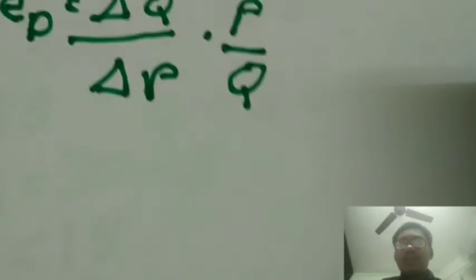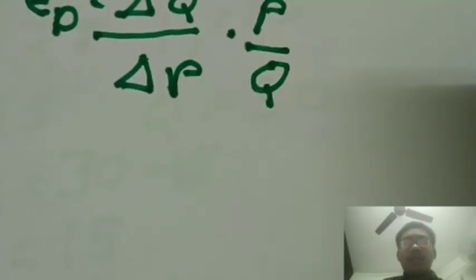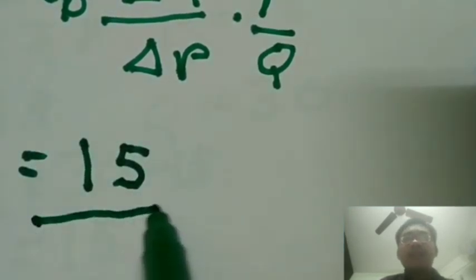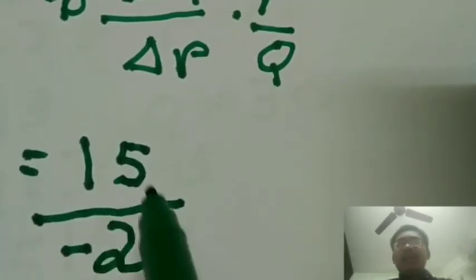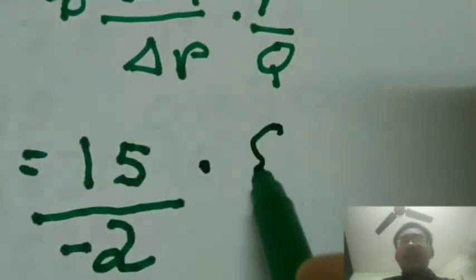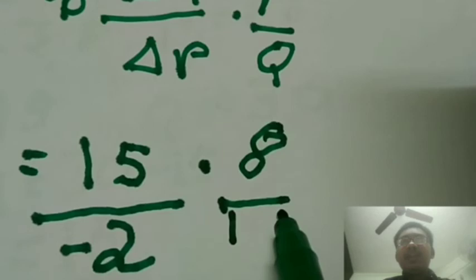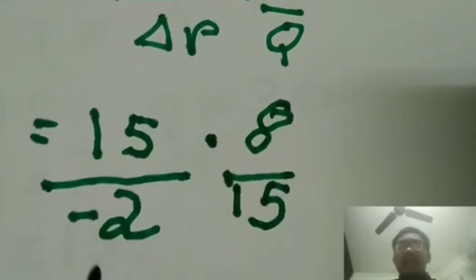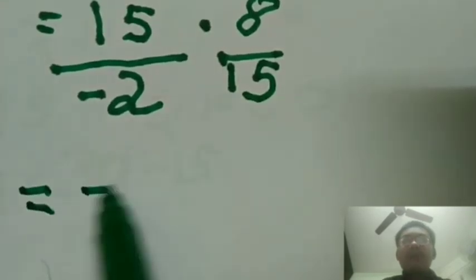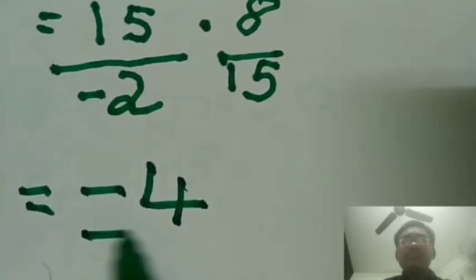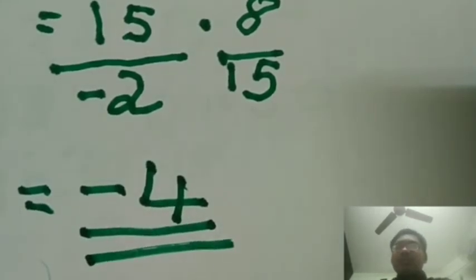So delta Q by delta P into P by Q is 15 divided by minus 2 into 8 by 15. So the elasticity will be minus 4.